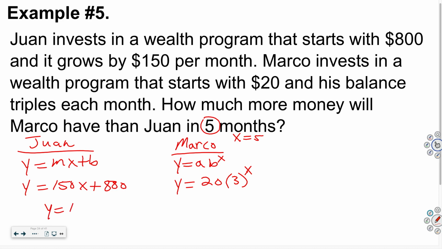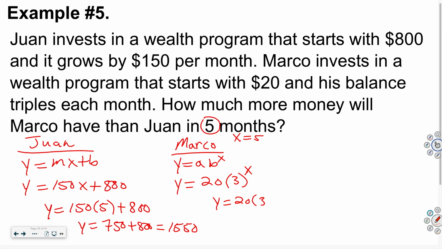So y equals 150 times 5 plus 800. What's 150 times 5? 750 plus 800. What's that? 1550. And over here we have y equals 20 times 3 to the 5th power.